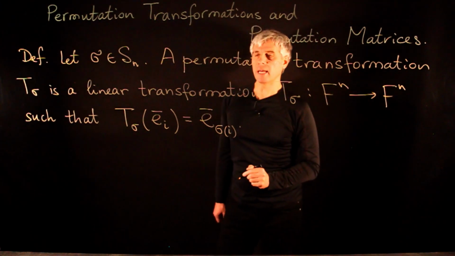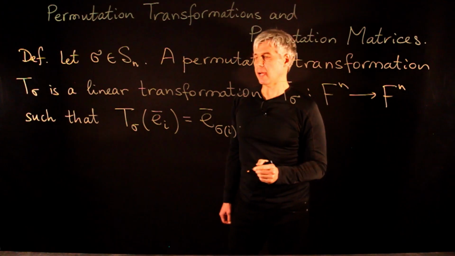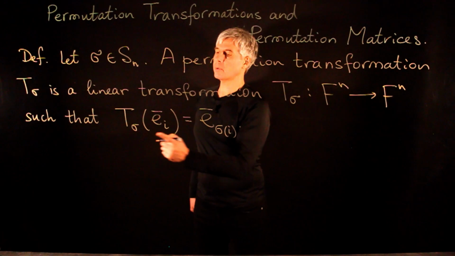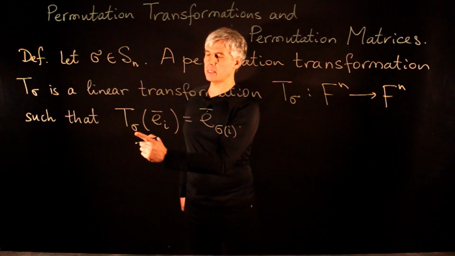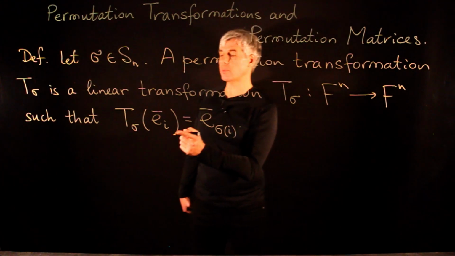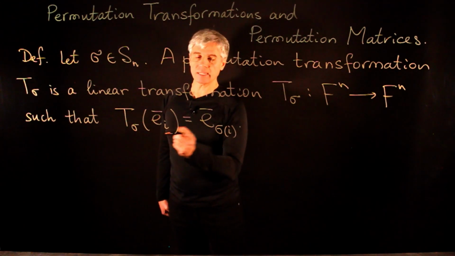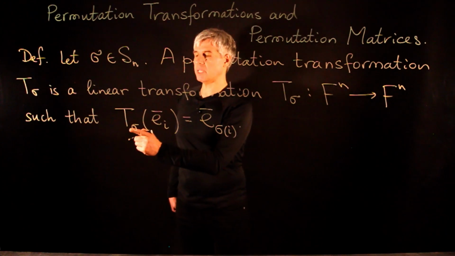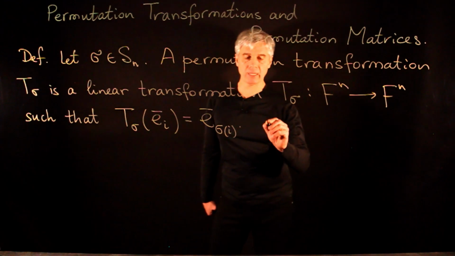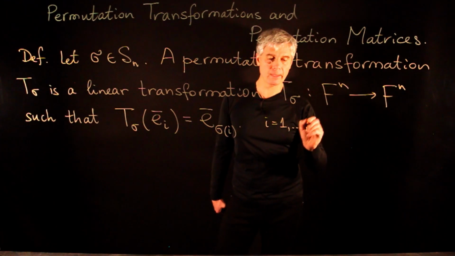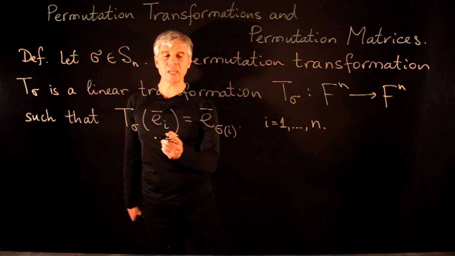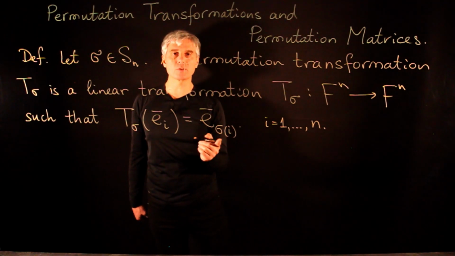We know that linear transformations are defined by their values on basis vectors. So if we say what's the value of a linear transformation on basis vectors, this linearity completely determines the transformation. And this is exactly what we do here. We specify the image of each basis vector, where i goes from 1 to n. This is a very special type of linear transformation.